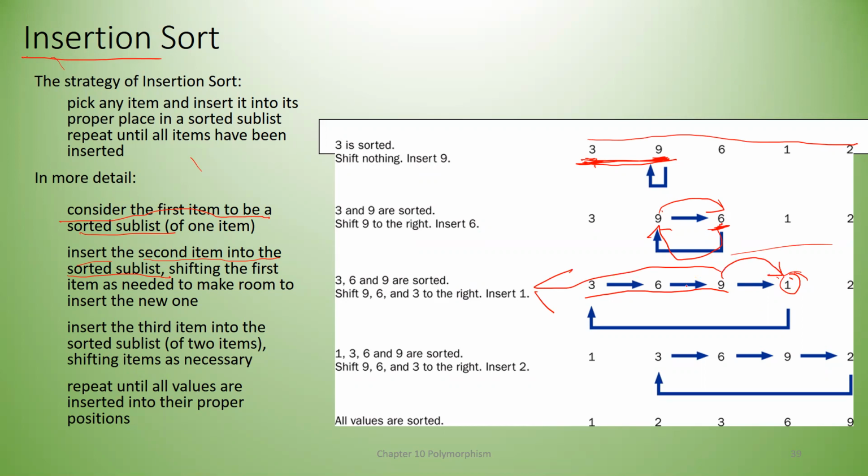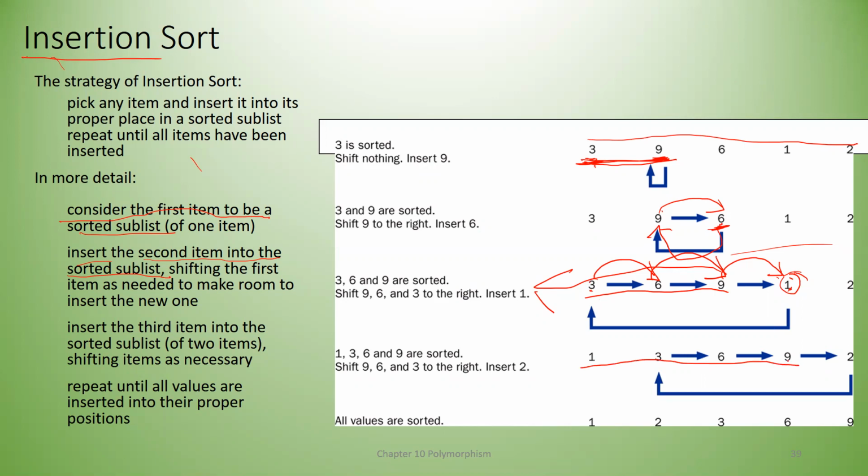And then compare 1 with 6, it's less, so 6 needs to come here. And then you compare 1 with 3, 3 needs to come here. And that's the end. So now you place 1 here, and that is the resulting list, right? 1, 3, 6, 9.